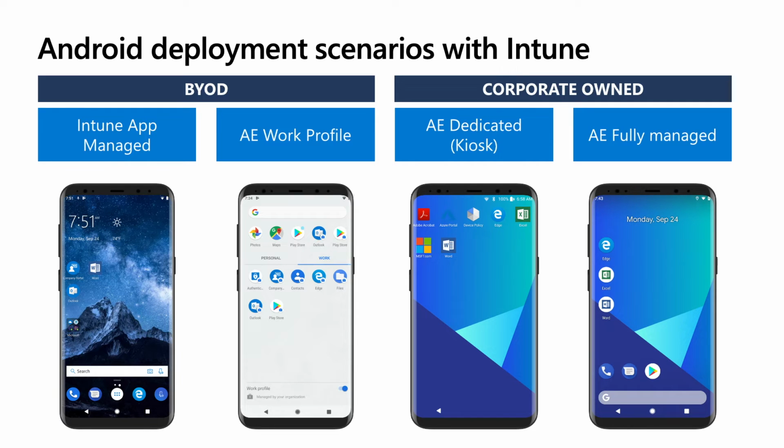With Android Enterprise Dedicated, the device is locked down to only allow one or more particular apps to be launched. This dedicated mode is really geared around kiosk-based scenarios where you may have, say, a line of business app that you want to only be used on that particular device. And just like with iOS, we don't necessarily need to enroll the device to get protection. We could leverage Intune app protection policies to manage the data at the app layer itself.